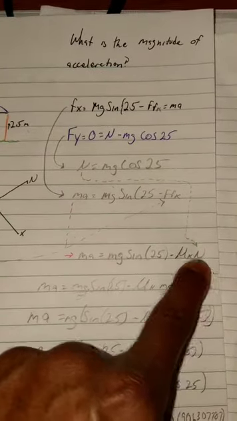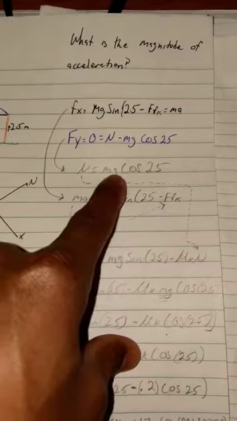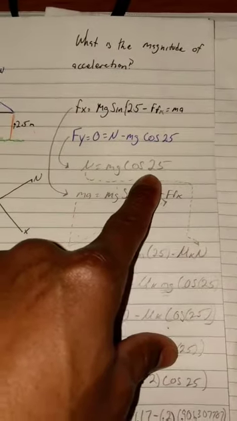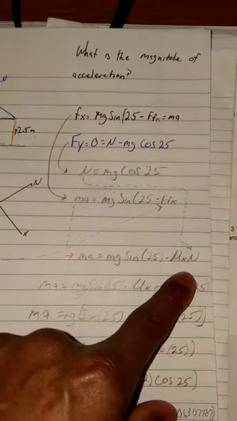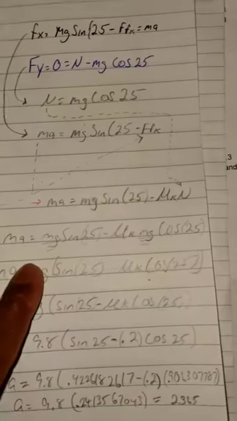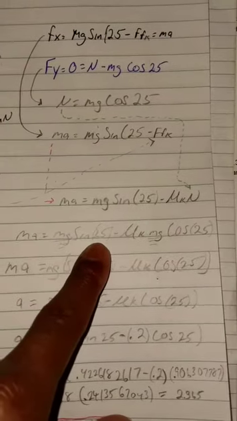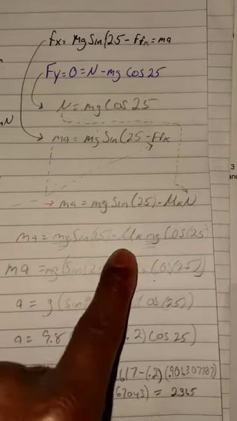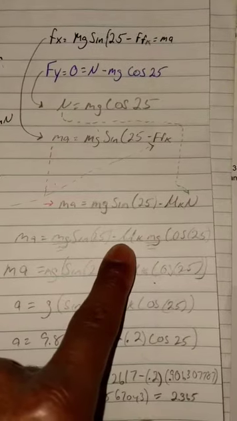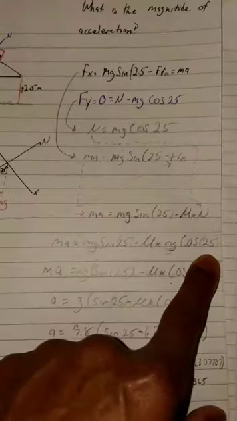The n: when I solved for n earlier, I can replace my n here to get mass times gravity cosine 25. Everything now is pretty much a breakdown, minus mu k mass times gravity cosine 25.